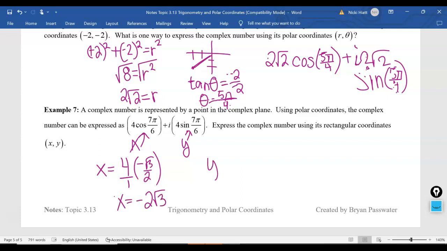And then your y coordinate right here is going to be 4 times sine of 7 pi over 6, which is negative 1/2. I'm sorry, 7 pi over 6, not 7 pi over 3. And so y is going to be negative 2. And so your rectangular coordinates for this complex number are going to be negative 2 square root of 3 and negative 2.